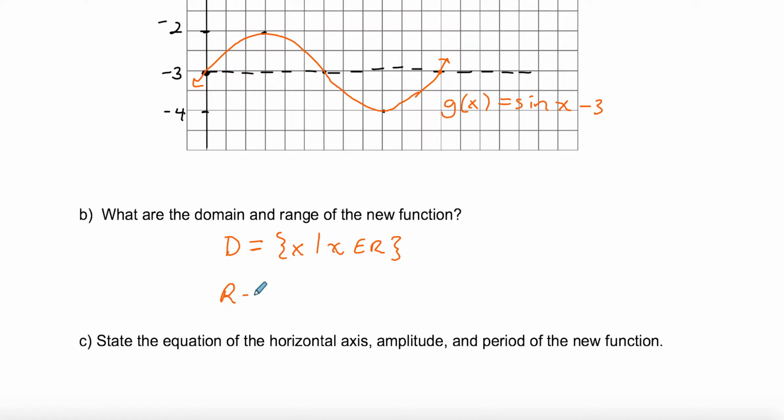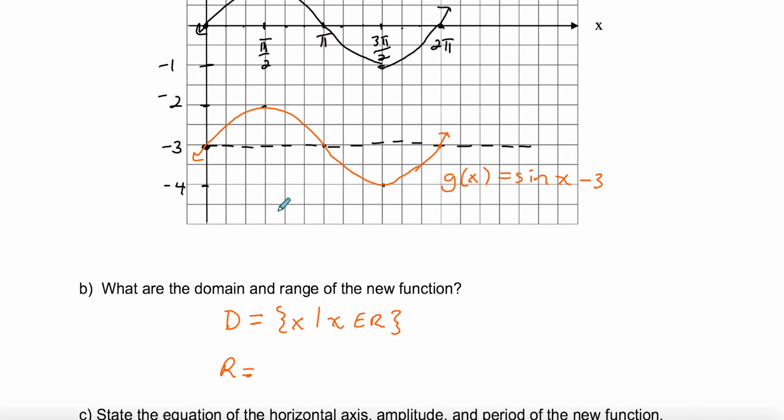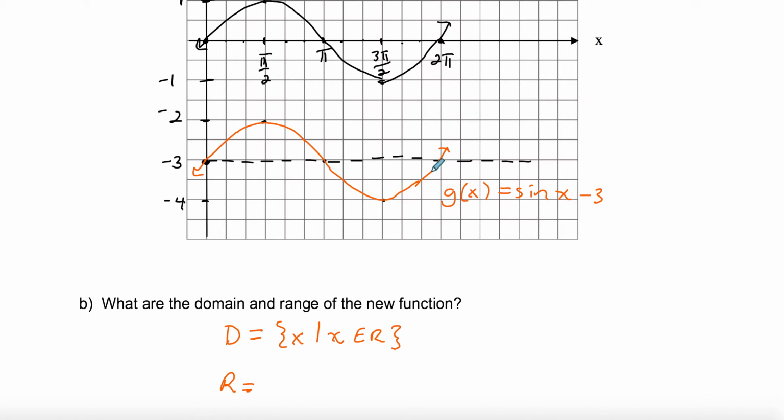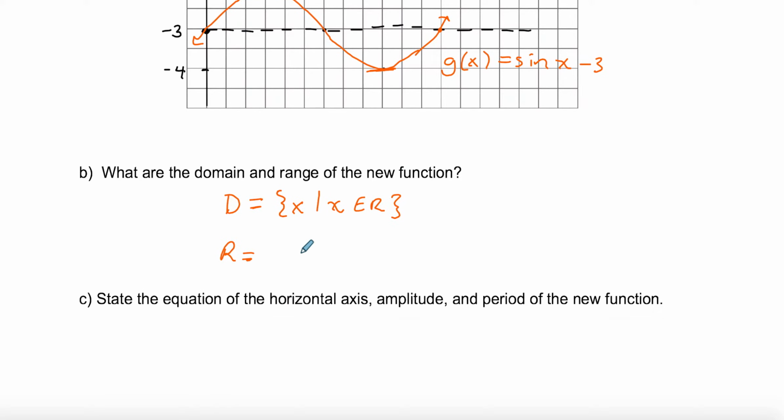The range, though, is a little bit different. This is going to repeat because it's periodic. We are going up to -2 and down to -4. So the range would look like y such that y is in between -4 and -2, and y is an element of all real numbers, meaning all of the decimals and fractions in between.